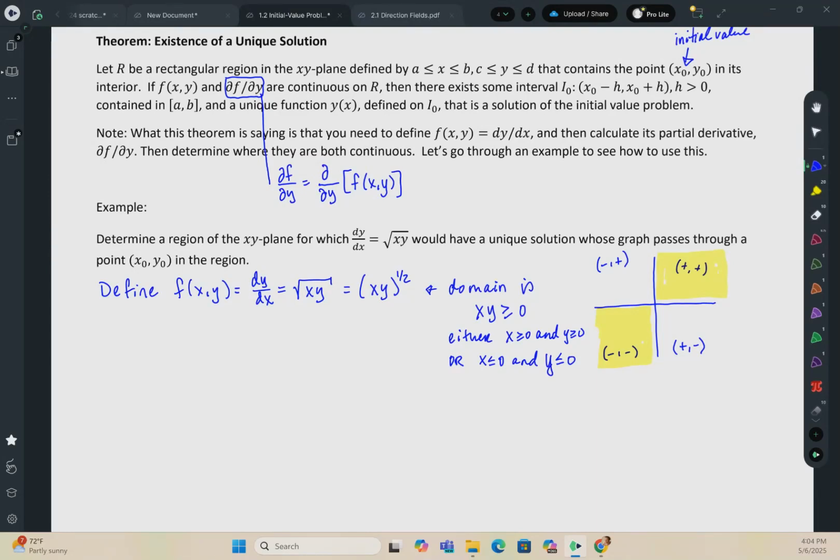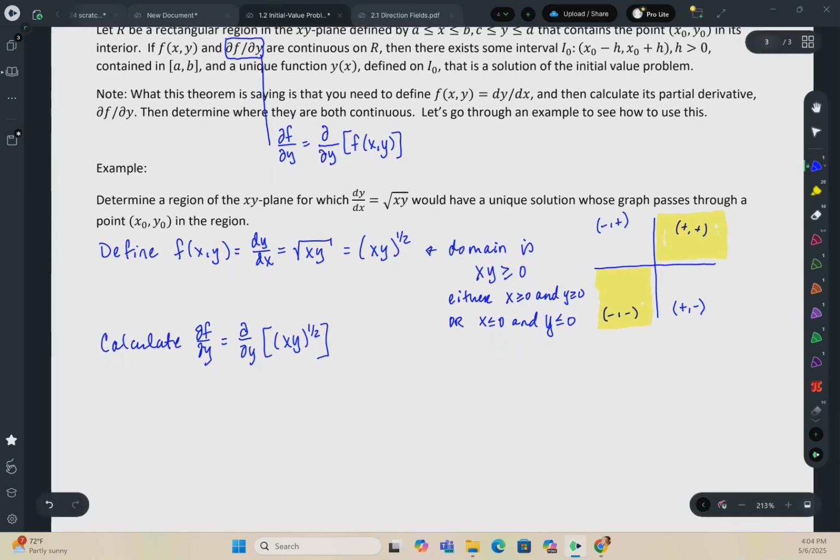Now I need to calculate del f del y, which is going to be taking the partial derivative with respect to y of xy raised to the 1/2 power. Okay, so this is a chain rule because there's a power, and then we have to step inside and take the derivative with respect to y.